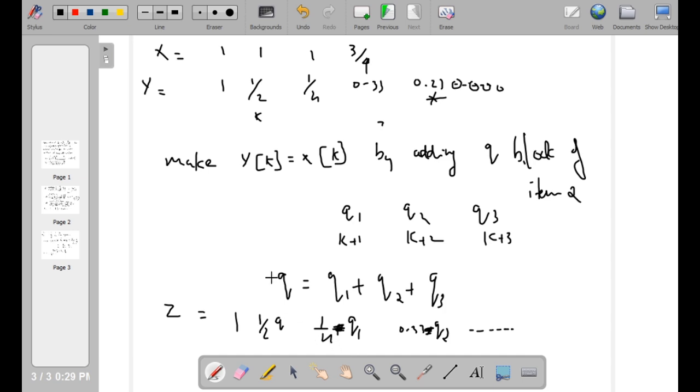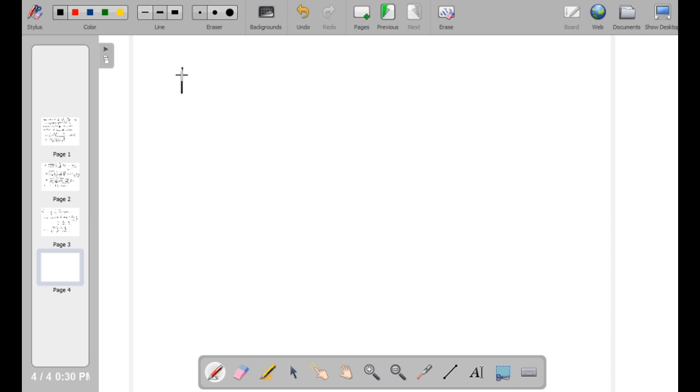Then thinking about the profit, which one will have higher profit, Z or Y? Next, let us think about the profit of Y and profit of Z. Which is higher?